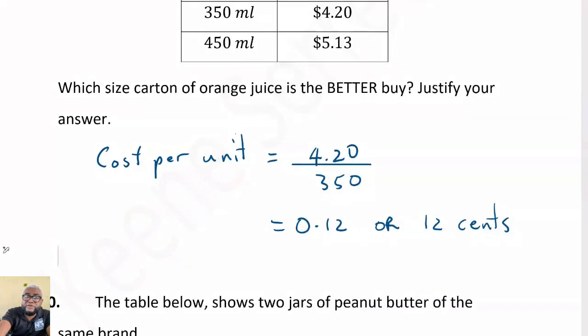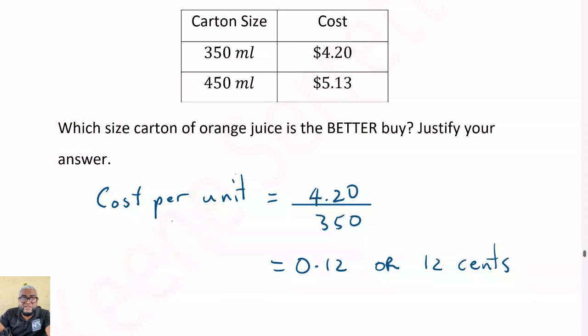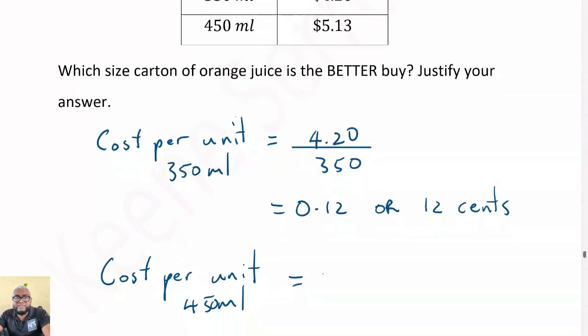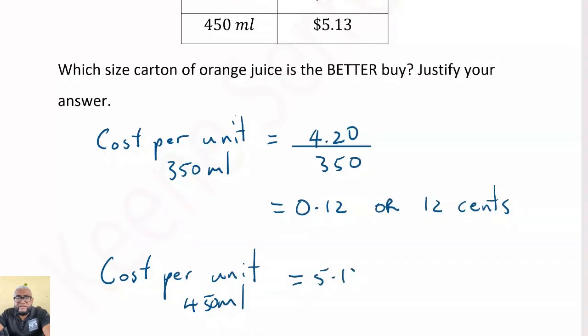So I should put cost per unit for the 350 milliliter. Now the cost per unit for the 450 milliliter is 5.13 divided by 450.